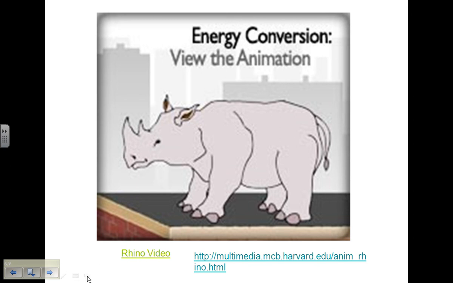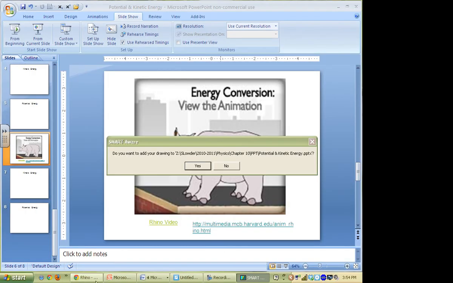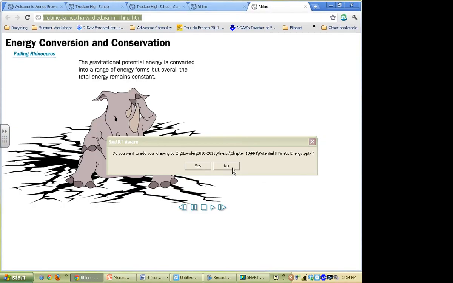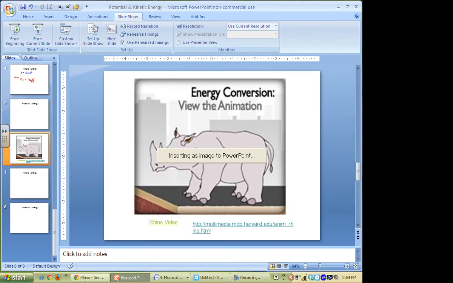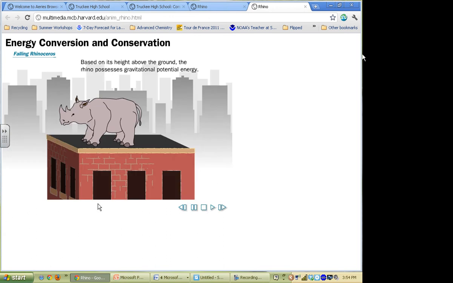We'll see what happens. And here's my rhino.